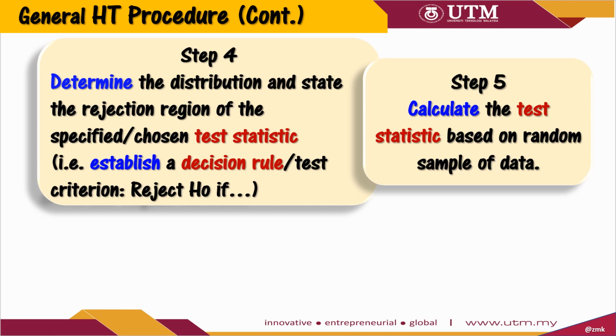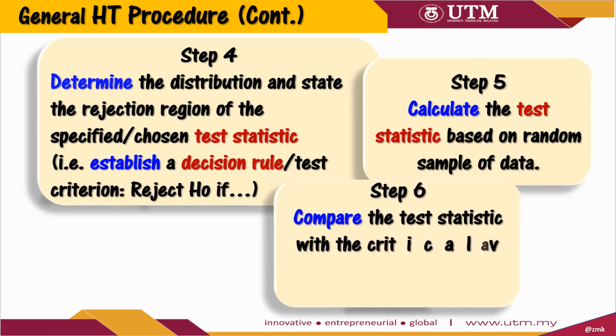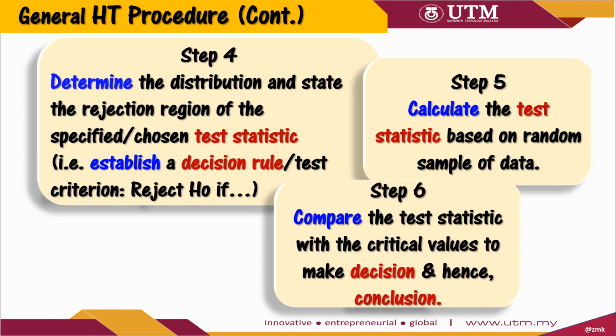The last final step in this hypothesis test procedure is to make a decision and conclusion based on the comparison between the test statistic and the critical value. If the test statistic falls in a critical region, then we can decide to reject H0 in favor of H1. Otherwise, if the test statistic falls in the acceptance region, we do not reject H0.